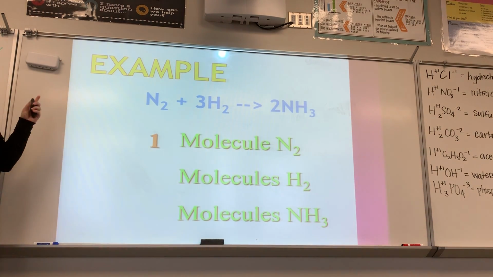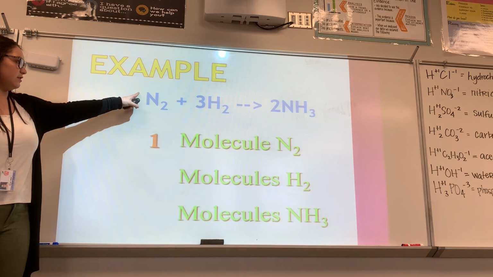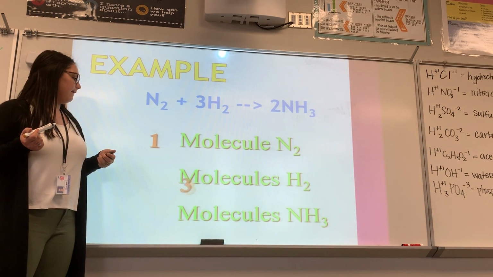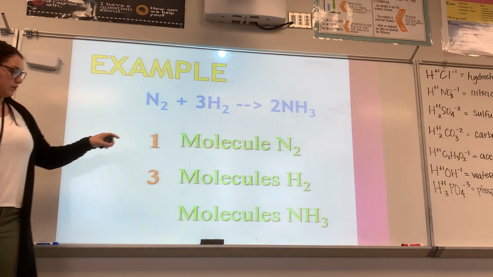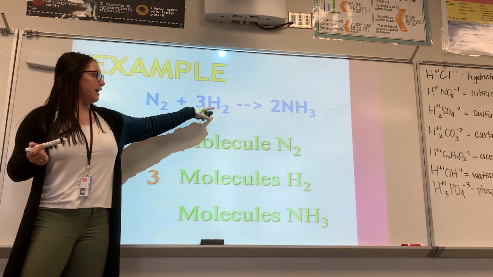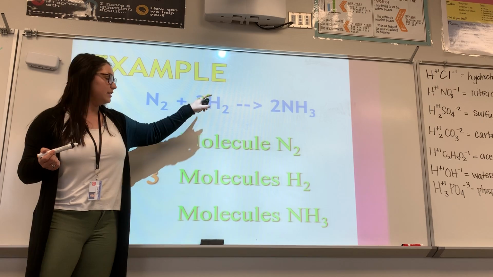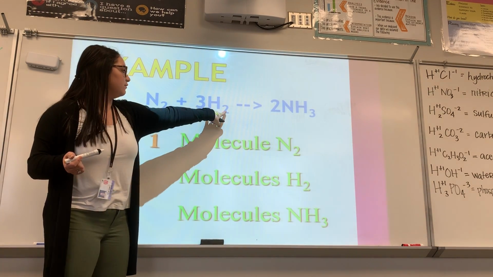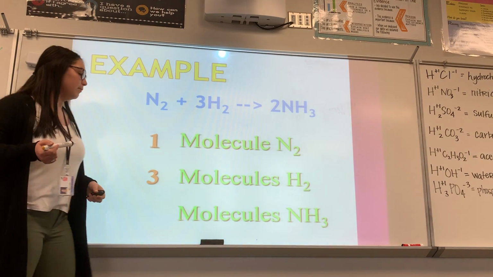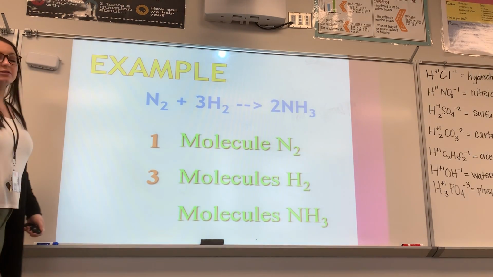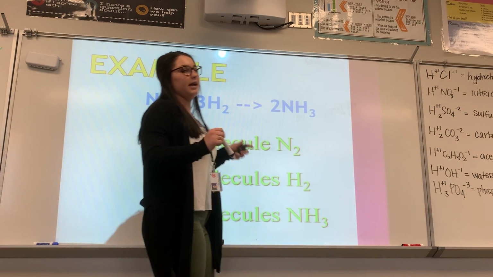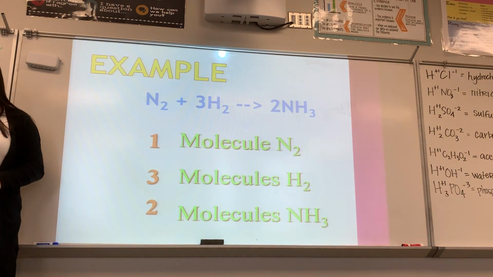So in this one, I have 1 molecule of N2 because there's an imaginary coefficient of 1 in front of the nitrogen. I have 3 molecules of H2, so I have 6 atoms of individual hydrogens, but I have 3 of the whole entire H2 molecule. How many molecules of ammonia do I have? If I'm looking at the entire thing, I have 2 molecules of ammonia.